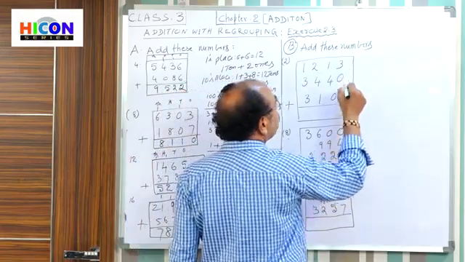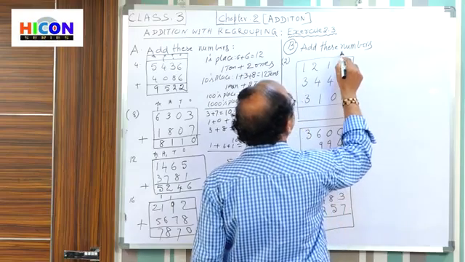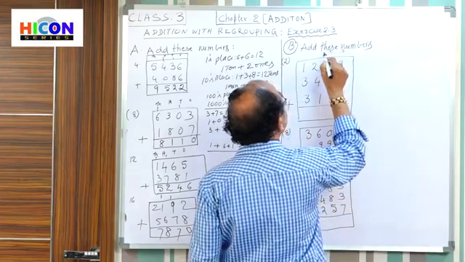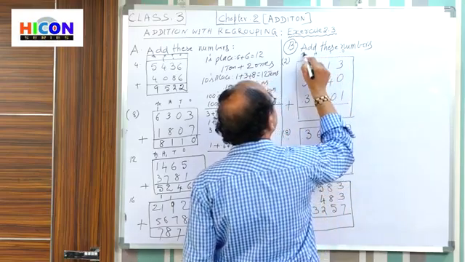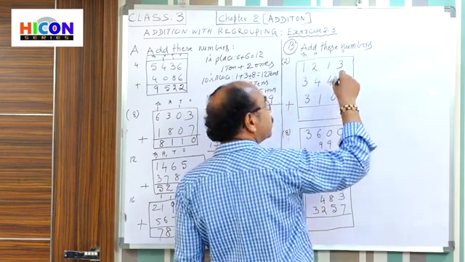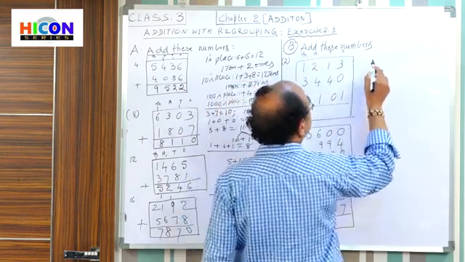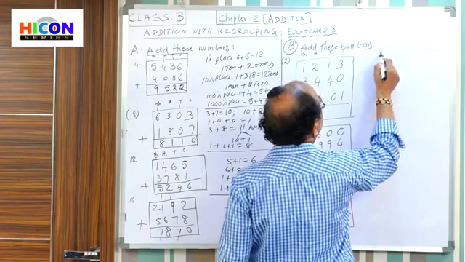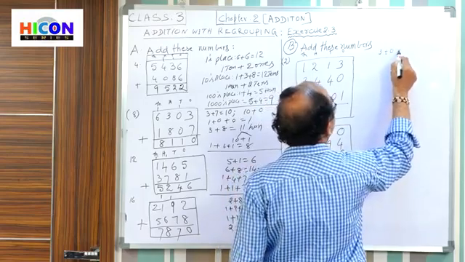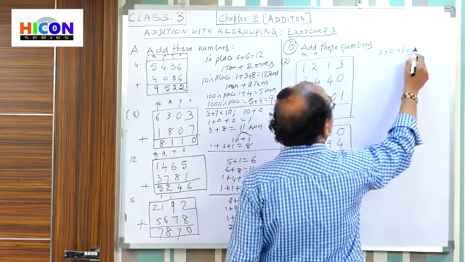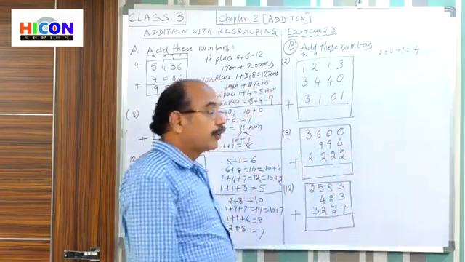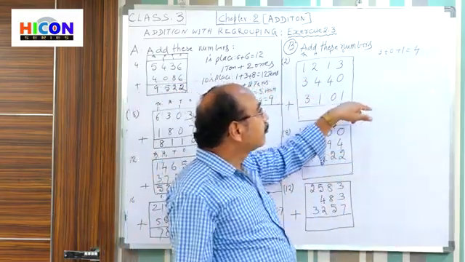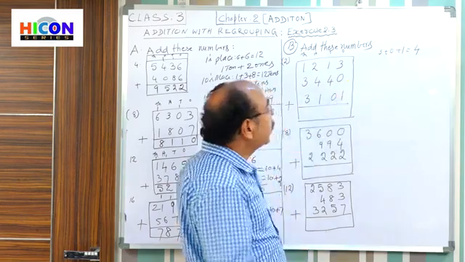That means 3 plus 0 plus 1. This is ones place. This is tens place. Hundreds place. Thousands place. Add the digits in the ones place. That means here 3 plus 0 plus 1. How much? 4. Single digit.